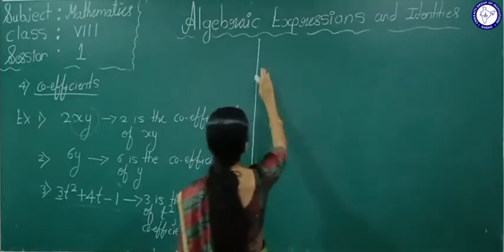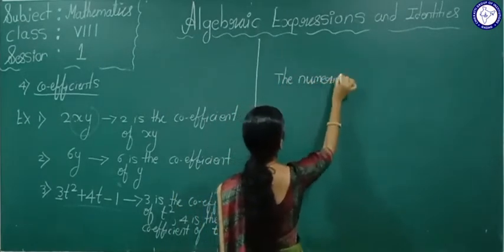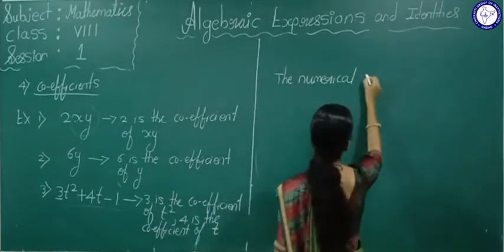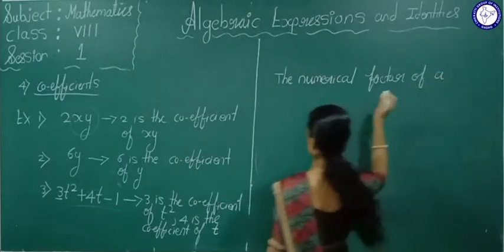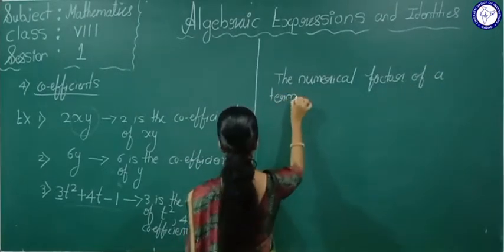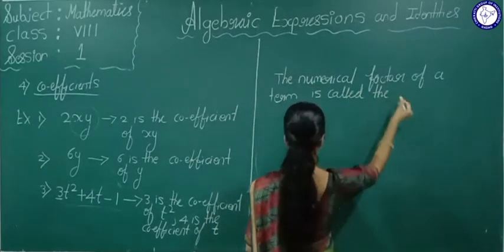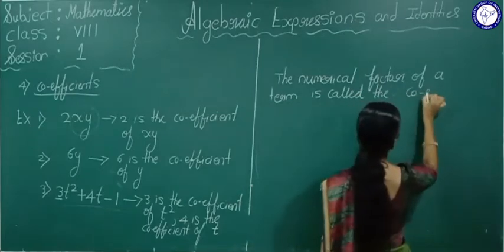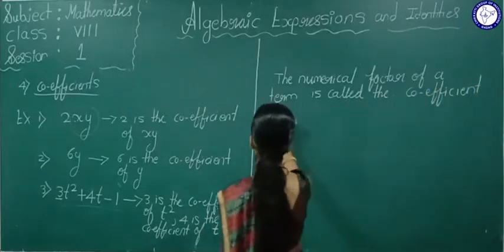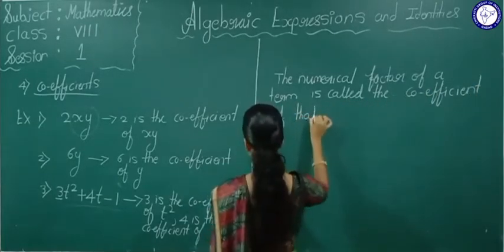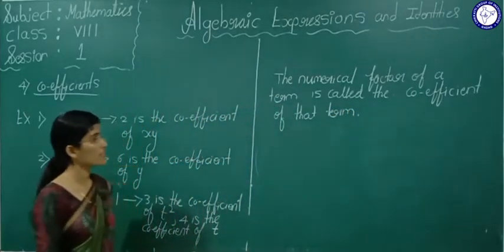The numerical factor of a term is called the coefficient of that term.